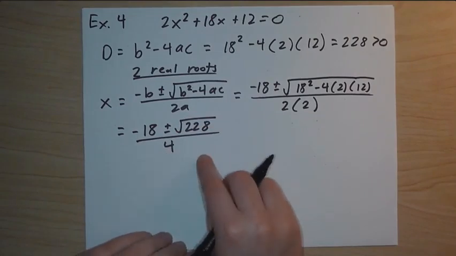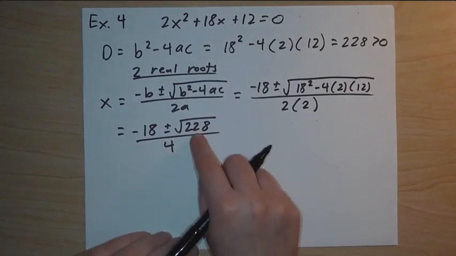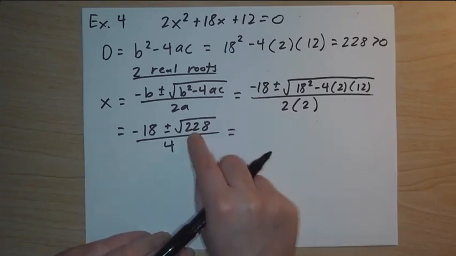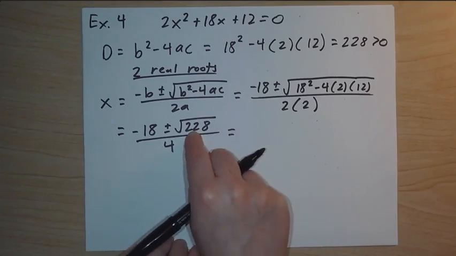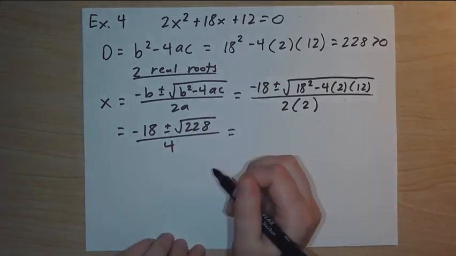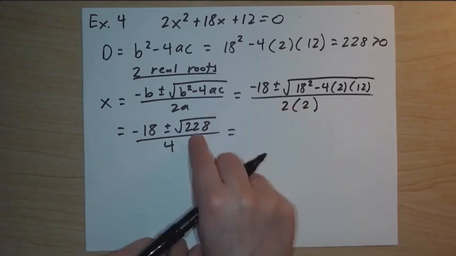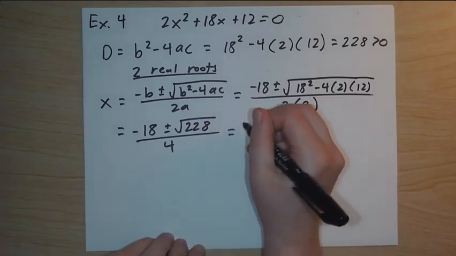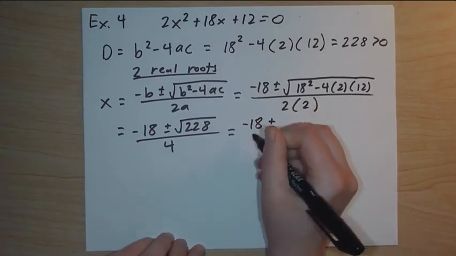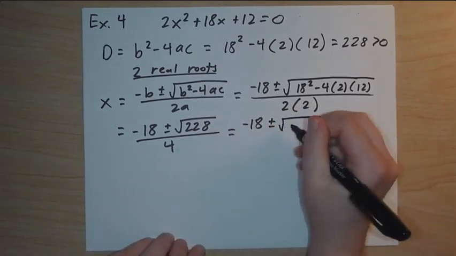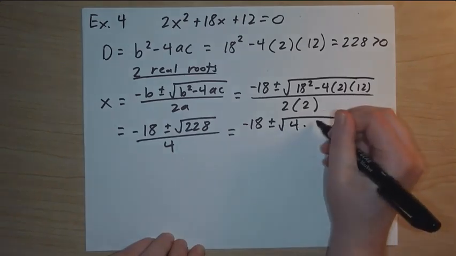Now that we've simplified it this far, we want to look further into this square root and see if we can simplify it at all. If we break 228 down into its prime factorization, we find that the only perfect square is 4, which is 2 squared. So 228 is the same thing as 4 times 57.